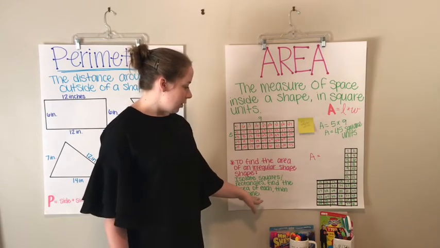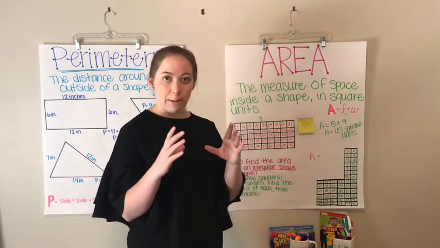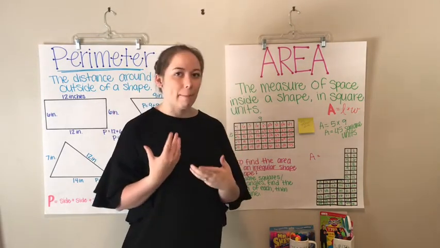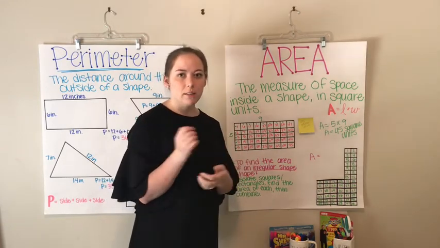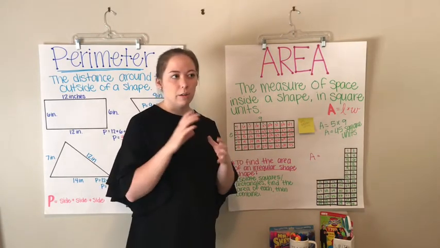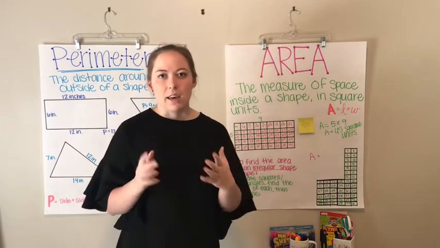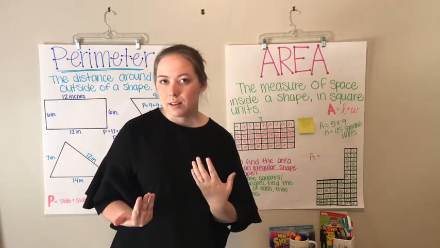And then we would need to look at those other shapes that might be like part of a circle, part of a triangle, that might not be that perfect square or rectangle in some cases, and estimate basically how many squares it would take to fill that space.